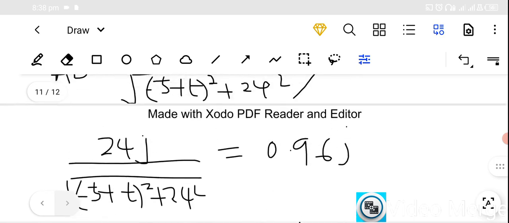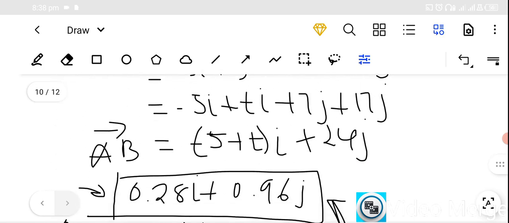So we go to this point where we have -5 plus t. So let's do -5 minus 2, which is -7, and 24. So you have -7 squared plus 24 squared, 625. Square root of answer will be 25.